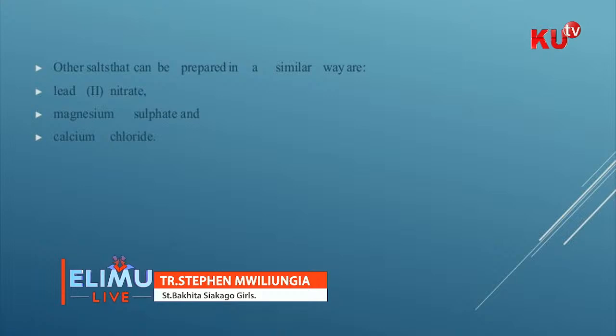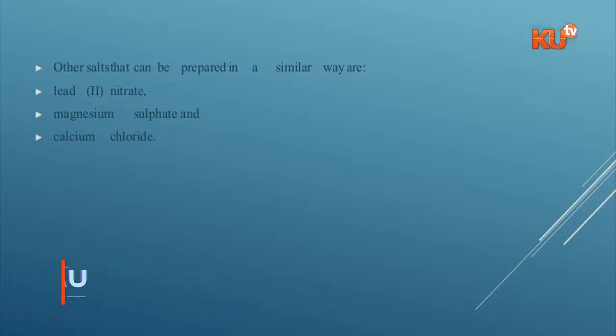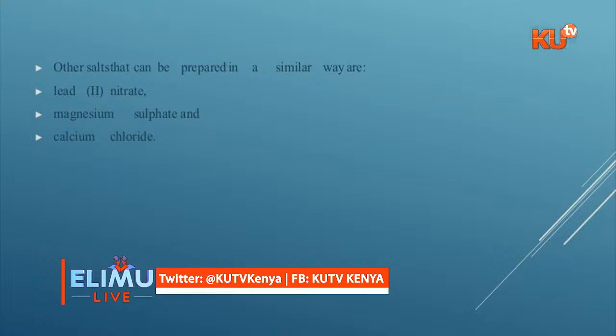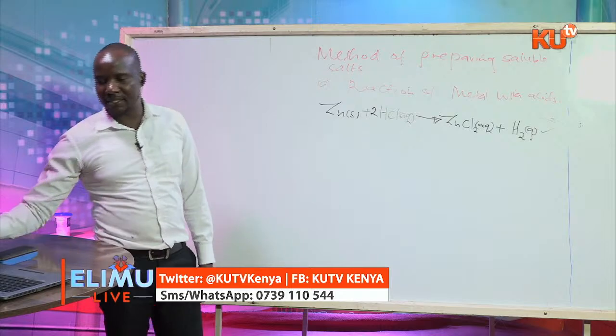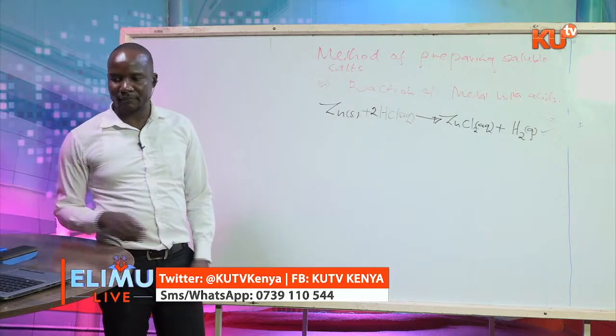You can refer to these salts on the screen. We have lead(II) nitrate, magnesium sulfate and calcium chloride. Those are some examples of salts that can be prepared by reacting an insoluble base with an acid.